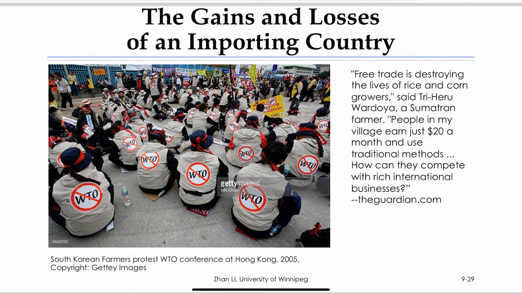So South Korea would actually import something like rice or corn from the world market. And clearly, South Korean farmers, who are the producers, will suffer if South Korea imports rice and corn from the world market, so they would want to protest, right?